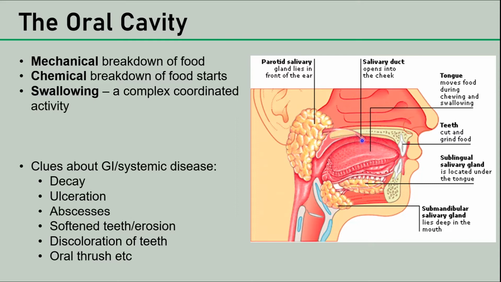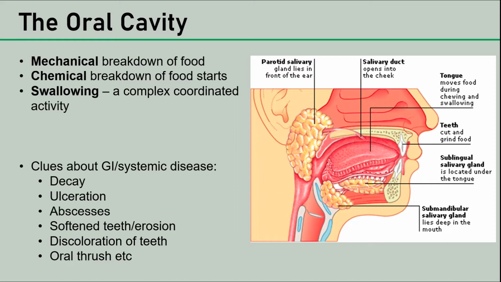Amylase is released into the mouth, which also begins acting on that bagel that you have put in your mouth and breaking it down. So you'll notice that even if you eat bread with no sugar ingredients, if you eat dry bread for long enough, you will notice that it starts to taste sweet. And that is the action of the amylase.